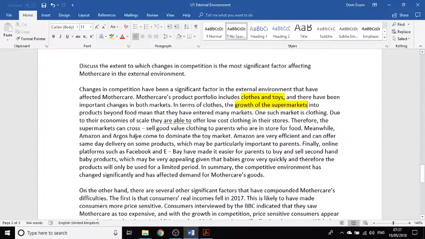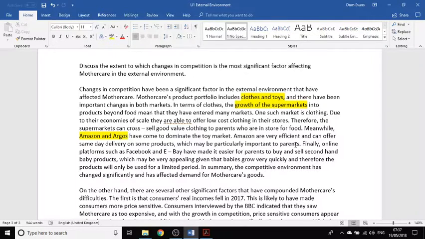Meanwhile, Amazon and Argos have come to dominate the toy market. Again, using information from the case study, Amazon are very efficient and can offer same-day delivery on some products, which may be particularly important to parents. If your baby, for example, desperately needs new clothes or shoes or medicine, you don't want to be waiting around for that.